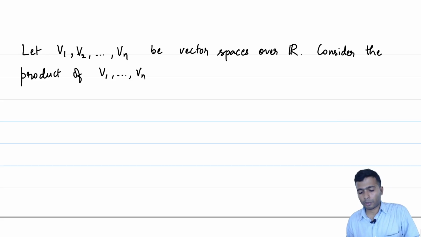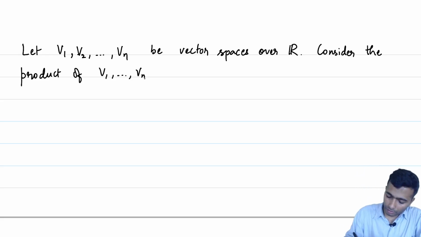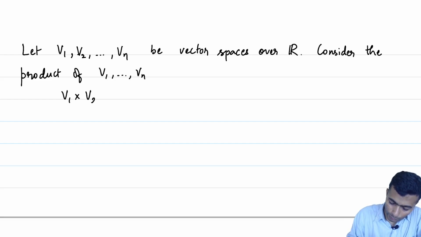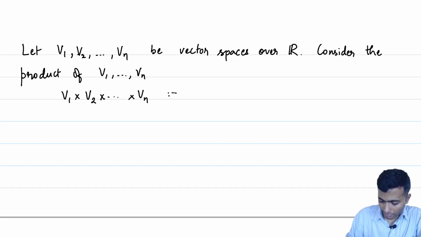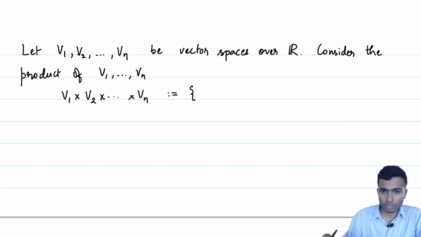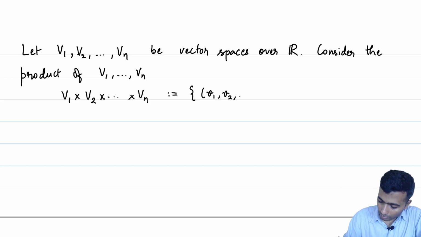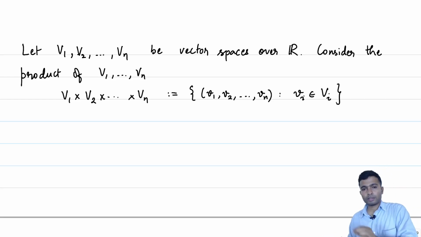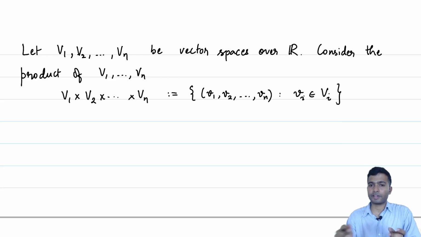It is just the product of sets as of now, given by V1 cross V2 cross up to Vn, which by definition is the set of all n-tuples (v1, v2, up to vn), where vi belongs to capital Vi. So, the ith component in this tuple is a vector from Vi.